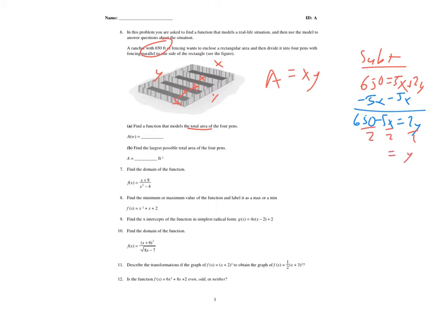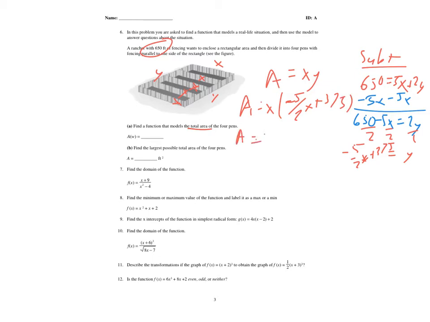So y equals negative 5 over 2x plus 375. So I get negative 5 over 2x plus 375. And then I'll go ahead and distribute that.